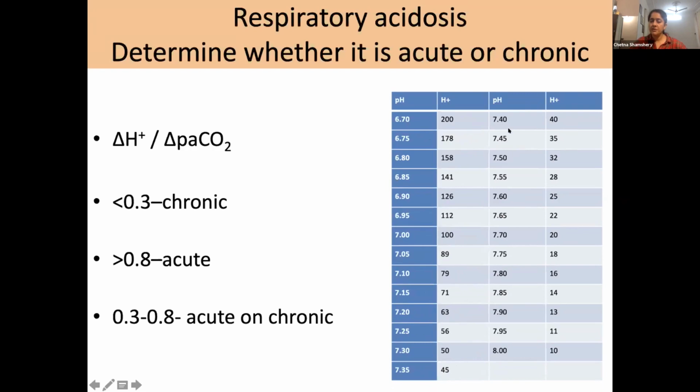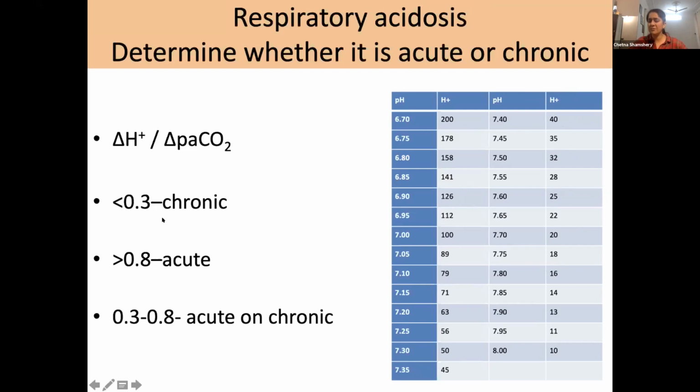Supposing we take normal pH as 7.4, because it is from 7.35 to 7.45, so we take a central value, 7.4. H ions at 7.4 should be 40. So any difference from 40, the rising trend of H ions or the decreasing trend during alkalosis, we need to see what the change of H ions is as compared to the change of the carbon dioxide in the body.